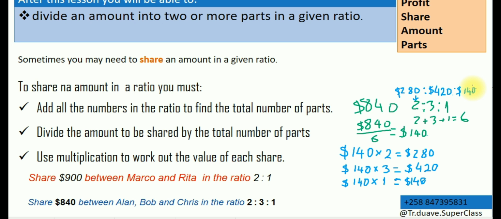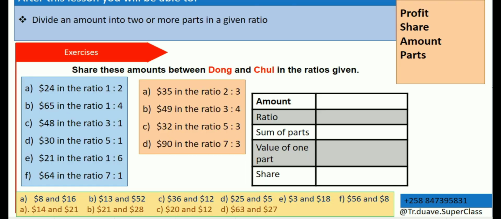Now let's take a list of exercises to work through together. You have this exercise that says share these amounts between Dong and Shul in the given ratios. So we have the amount and the ratio.